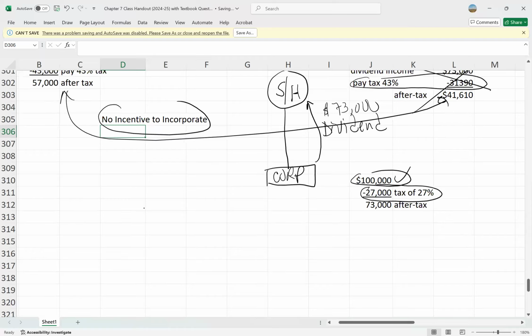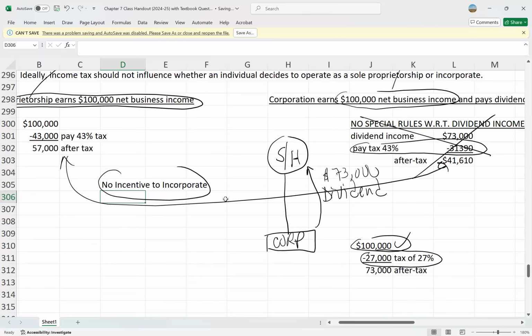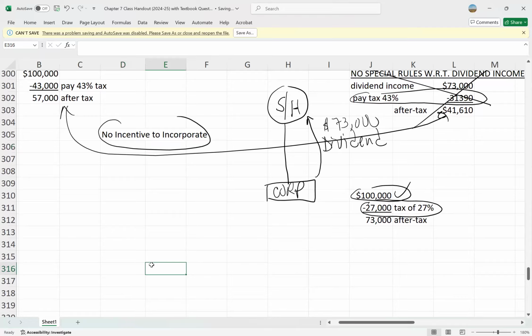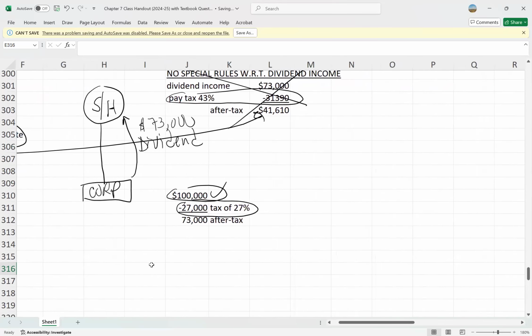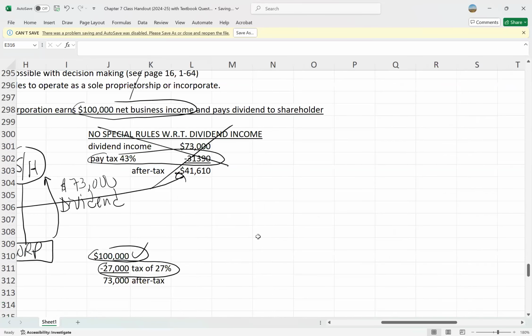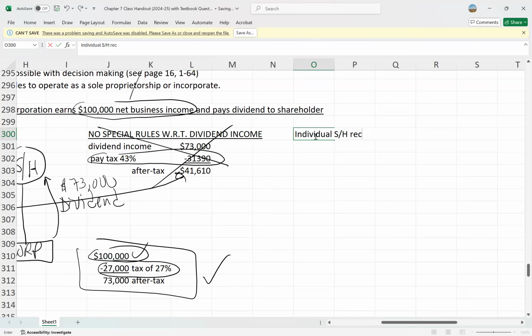So let's just sort of look at what the rules are. So we're still going to get the 100,000 earned by the corporation. So this part will still be true. The corporation will still pay their tax, and they will now basically distribute a dividend to the shareholder for 73,000. So the individual shareholder receives a 73,000 dividend.